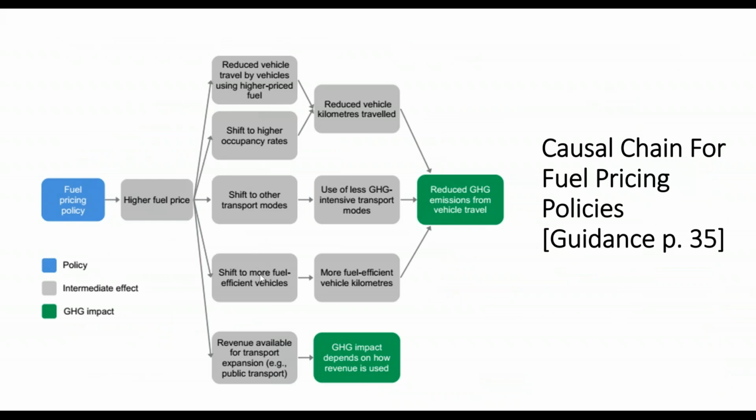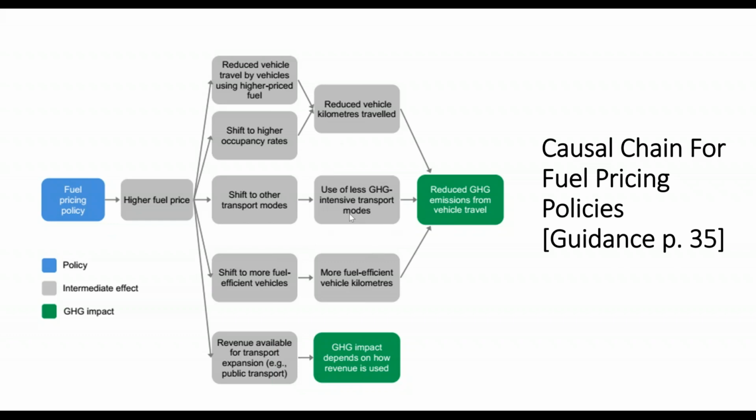These are the possible effects of the fuel policy. First, if you raise the price of fuel, it could reduce vehicle travel and could also shift to higher occupancy rates. Then, with a higher fuel price, people will shift to other transport modes and to more fuel efficient vehicles.